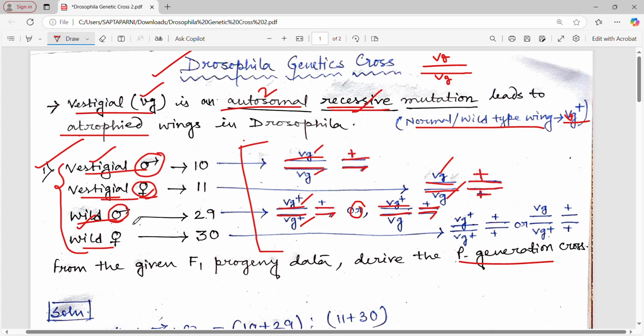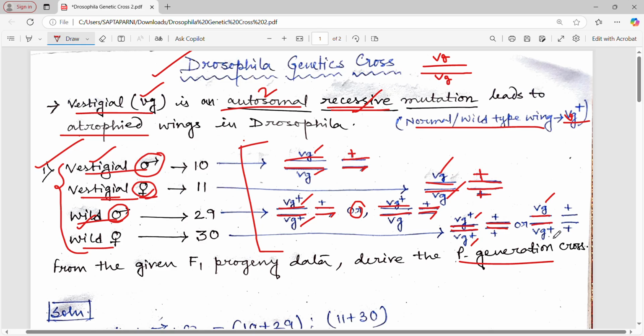Now the wild female. As it is a wild female, both X chromosomes will be wild type, and since it is wild type, both second autosomes can contain vg plus, the wild type allele, or one of the second autosomes may contain vg, the mutant allele, and the other may contain vg plus.